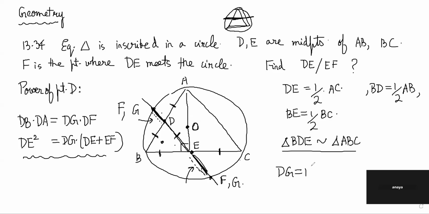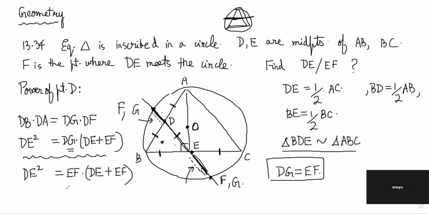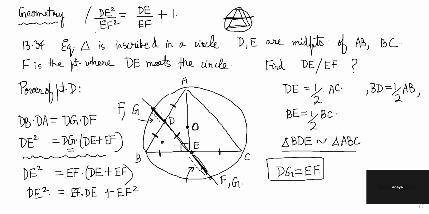If DG is equal to EF, we can write EF into DE plus EF, and this is DE square. So we are getting EF into DE plus EF square equals DE square. If you divide by EF square on both sides, you will get DE square by EF square is equal to DE by EF plus 1.